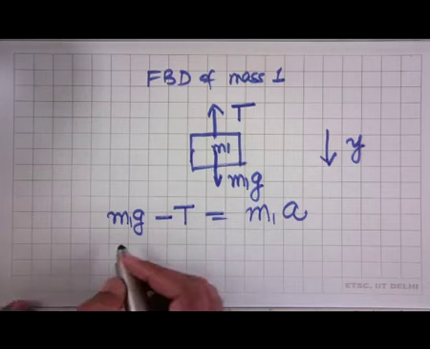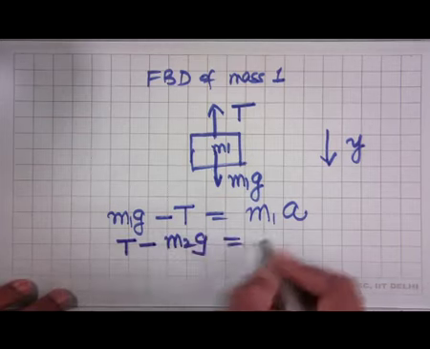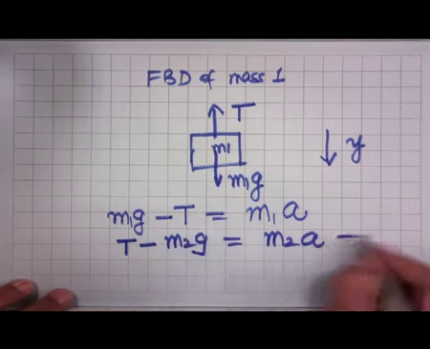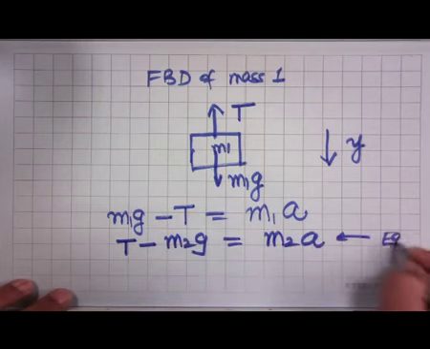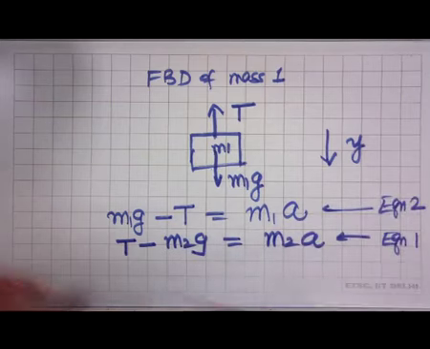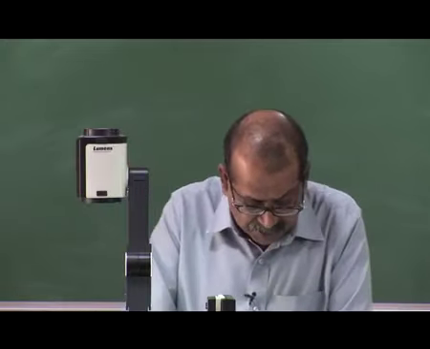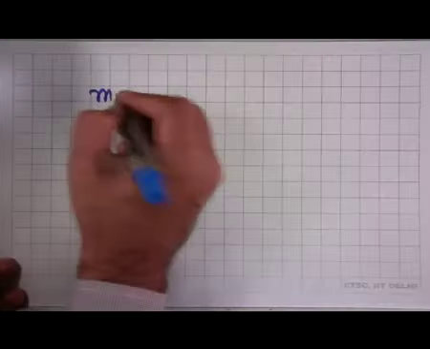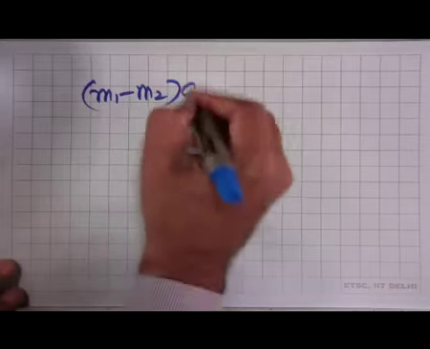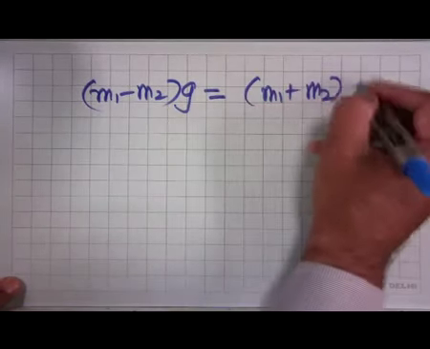Let us look at the other equation. The other equation was T minus m2g is equal to m2a. This was equation 1, this is equation 2, and now I have two equations and two unknowns, so I can solve them. Let us add these two equations, and we get m1 minus m2 times g is equal to m1 plus m2 times a.